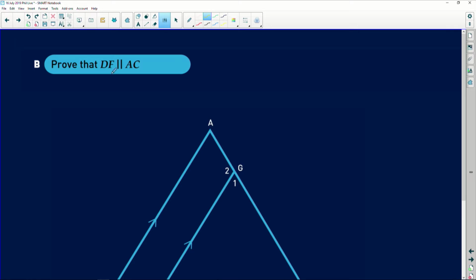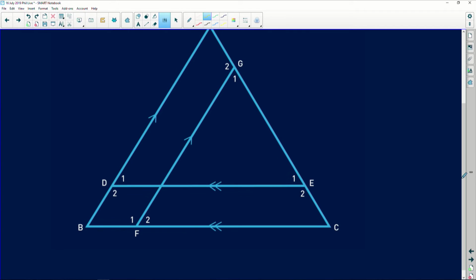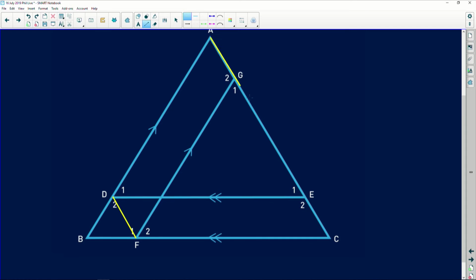Next, it says prove that DF is parallel to AC. DF, which would be this line to connect here, DF is parallel to AC, which is this side here. So how do we prove that lines are parallel?